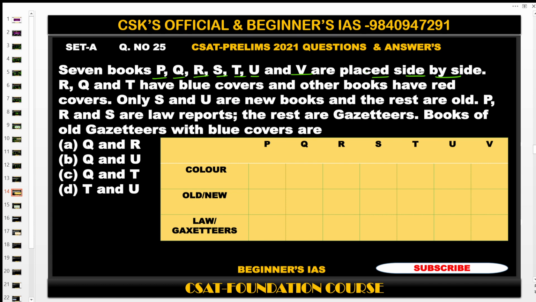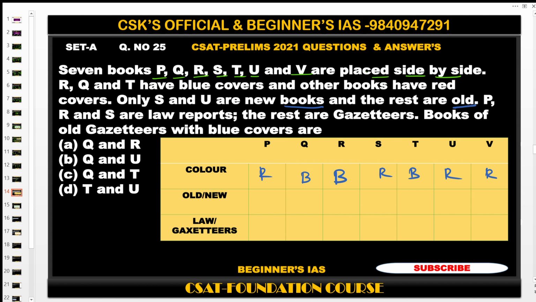So I am writing here: R, blue color, then Q, blue color, then T, blue color. So the remaining are red color. So make a table like this. Since it is dealing with the colors and also with the books, some are new books and the rest are old books. So it's a puzzle question.